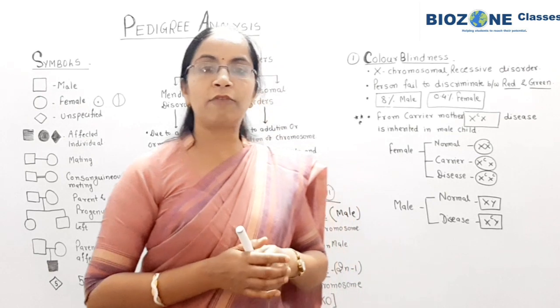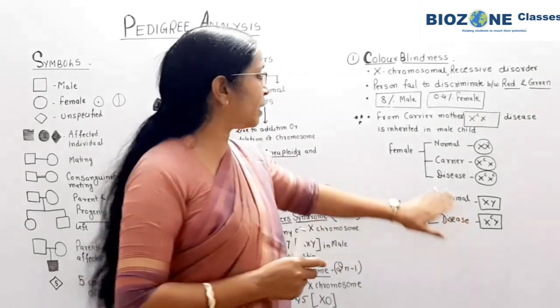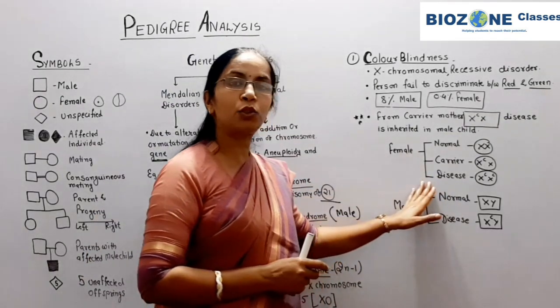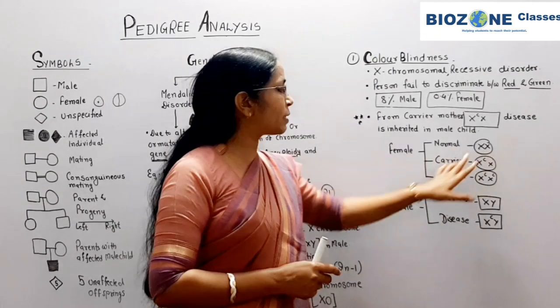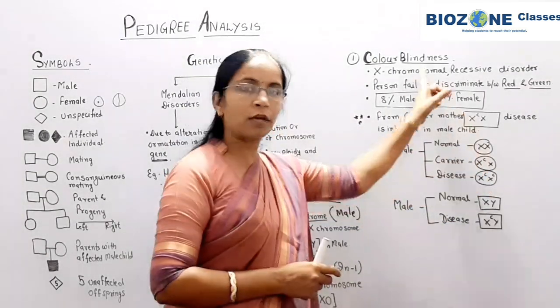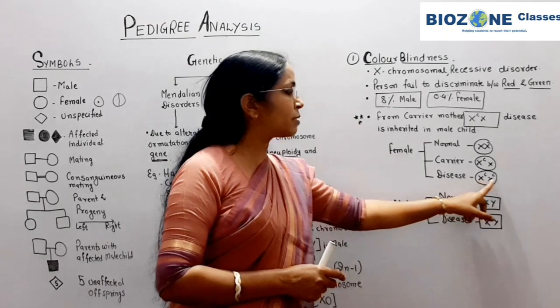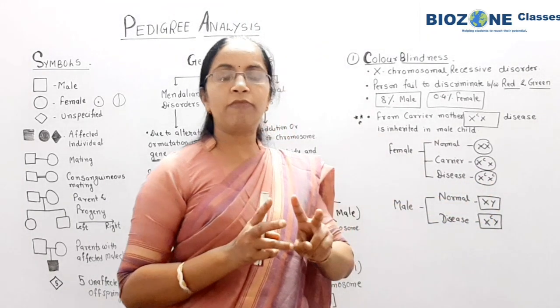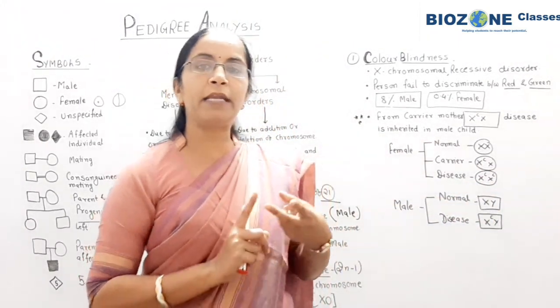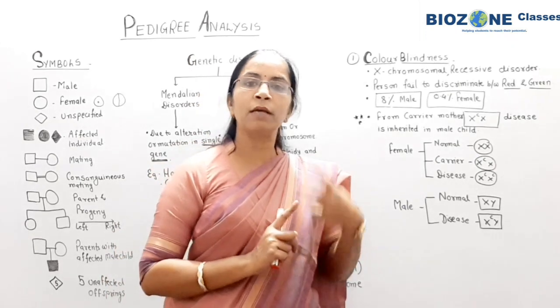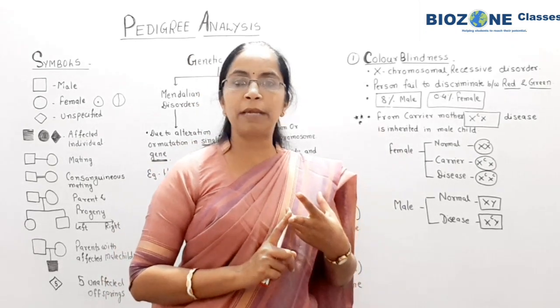Why is it not transferred to a female child? Because look here at the combinations. Females show 3 genotypes: normal XX, carrier XCX for color blindness, and diseased XCXC. Of the 2 X chromosomes in a female, one comes from the male parent and the second from the female parent.